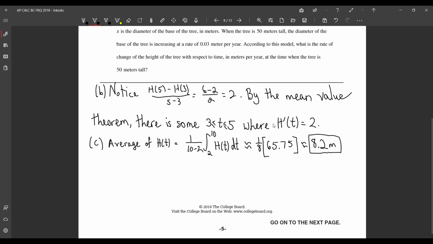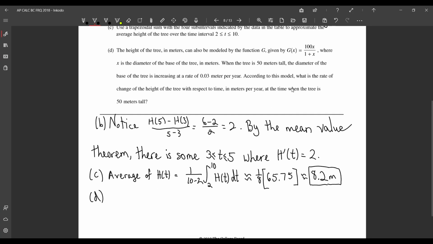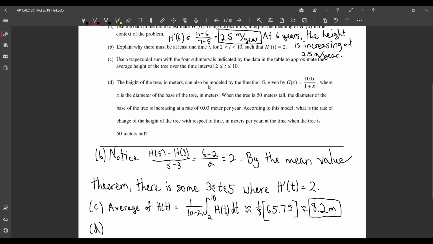Alright. The height of the tree can also be modeled by the function g, which is given explicitly, when the tree is 50 meters tall. Okay, so x is the diameter. So I think this is going to be a related rates problem.